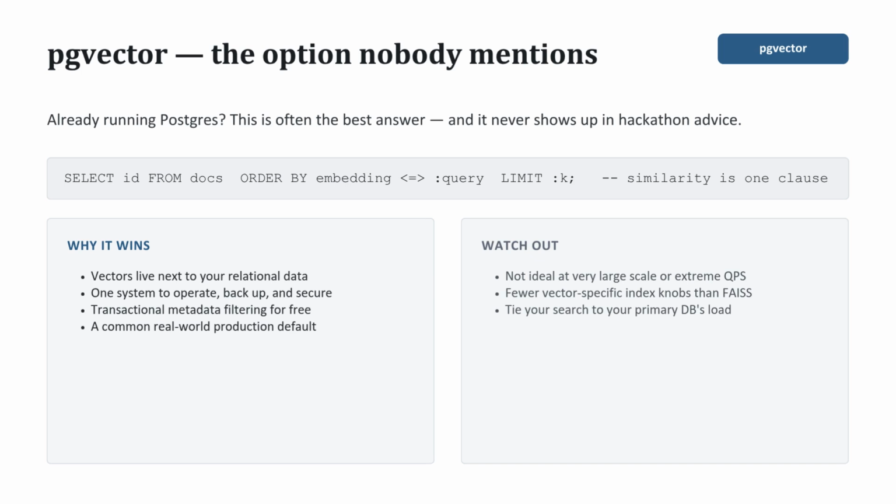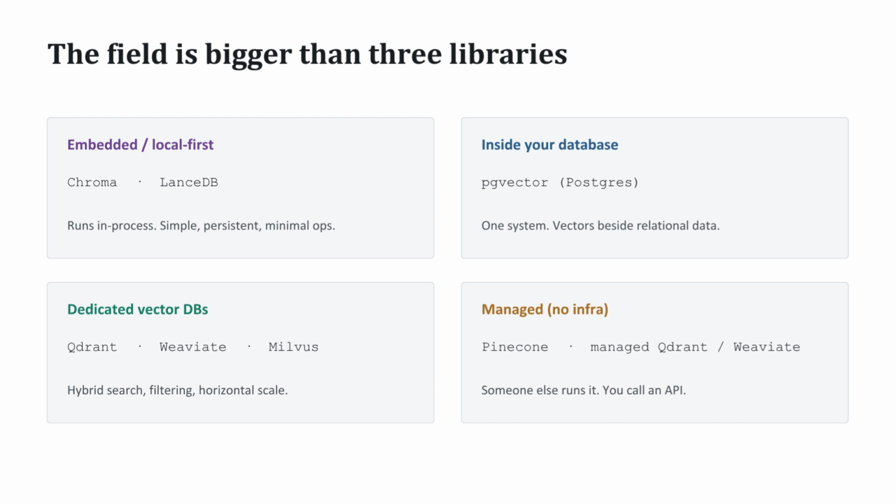And the search itself is pretty much one line of SQL. Order by distance, limit k, done. For a ton of RAG apps, this is the pragmatic answer. And the only reason it never comes up in those FAISS versus Chroma videos is that they were written for a rubric, not for something you actually have to keep alive. In the next video, we will also learn how to use pgvector for production.